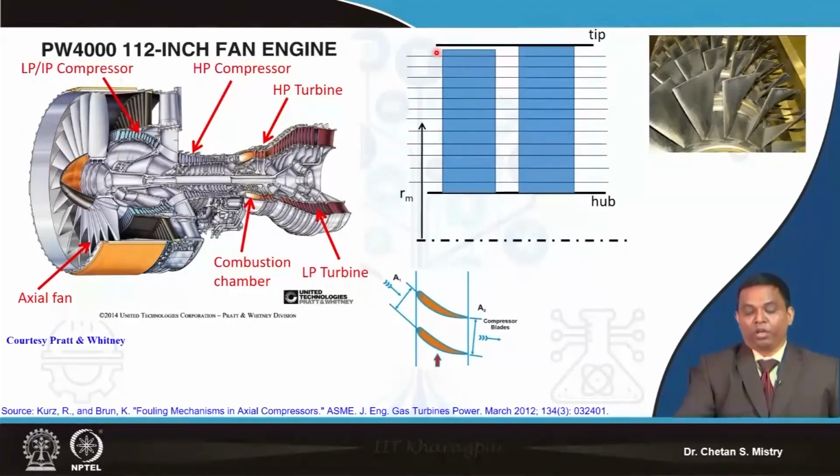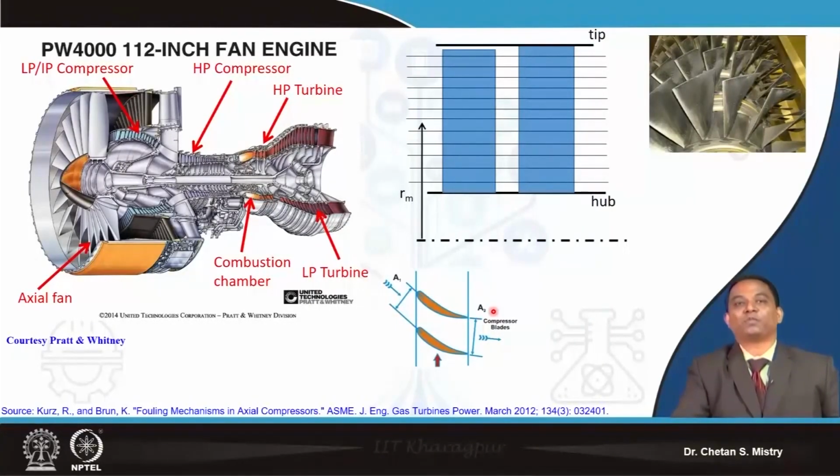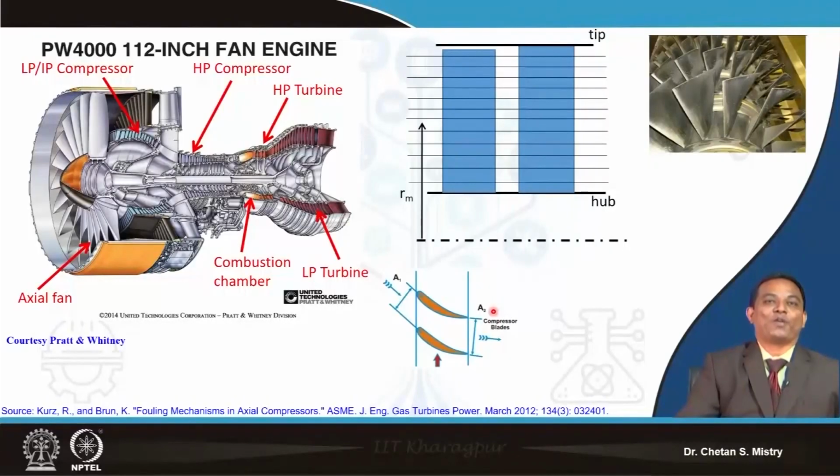Now if I look at the passage between these two blades, my entry area is a smaller area, and my exit area is a larger area. So if you recall, we were discussing the diffuser. That diffuser has a similar kind of structure. So we can say between the blade passage we have a diffusing shape. So whatever fundamentals we have learned for the diffuser are straightaway applicable here.